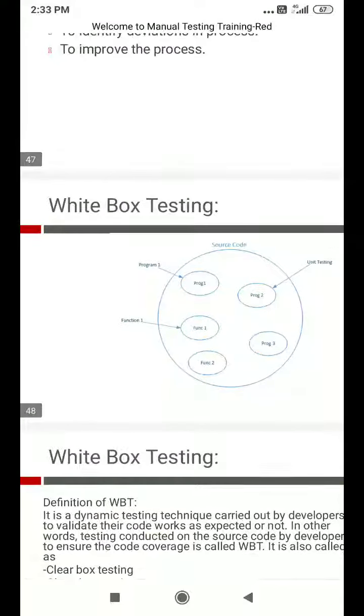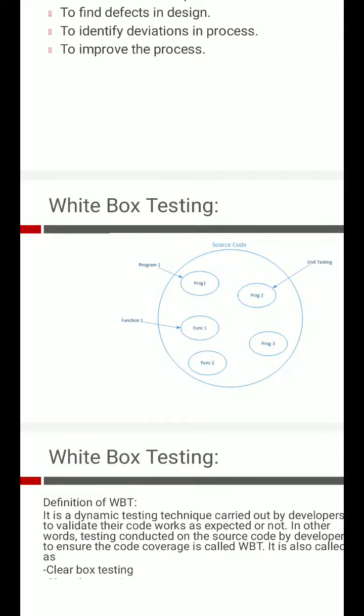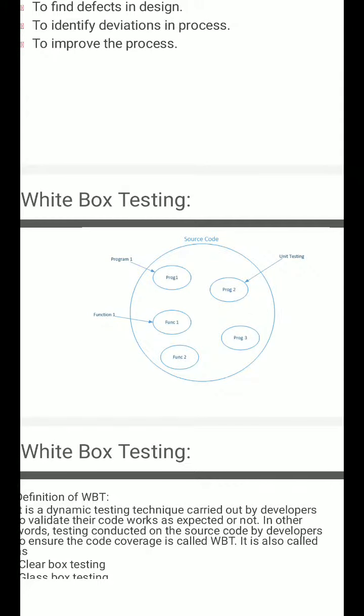You can see here a program. Suppose there is one big project and we have to do testing on that project. This is the source code. I've taken a very small example to explain the concept of white box testing.